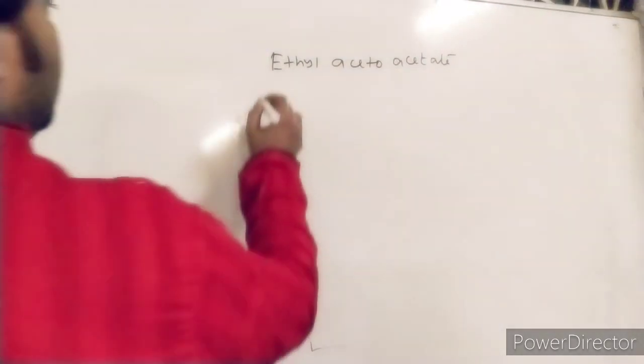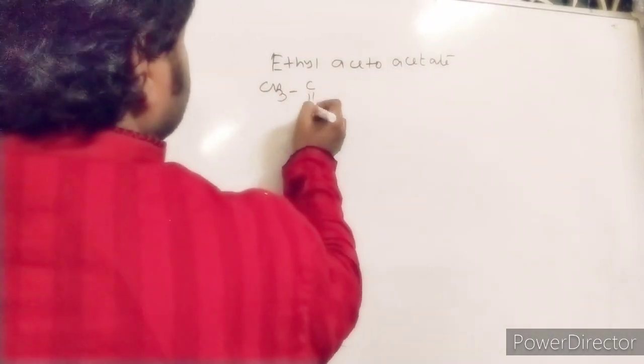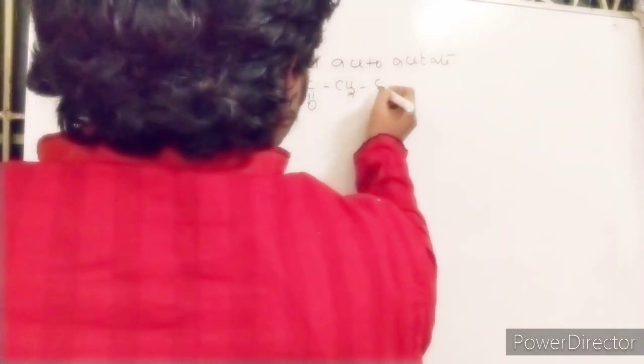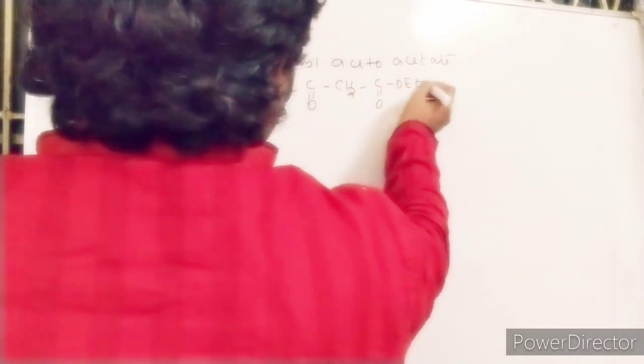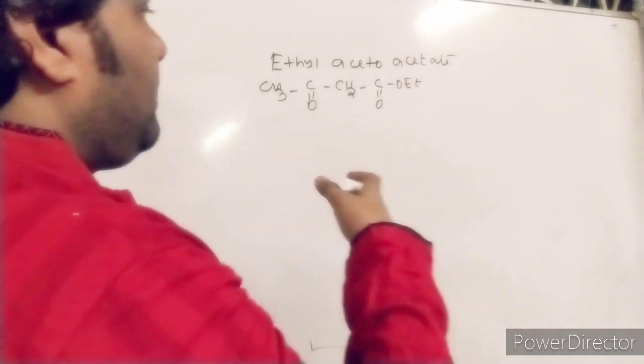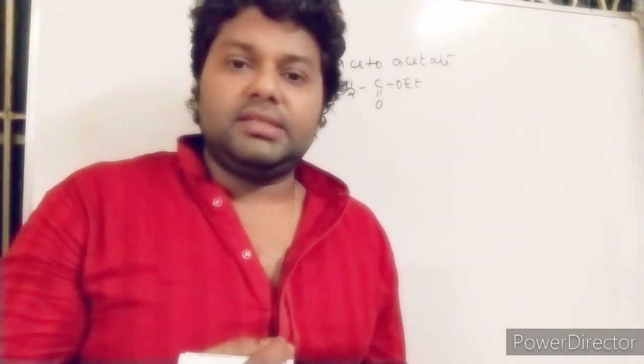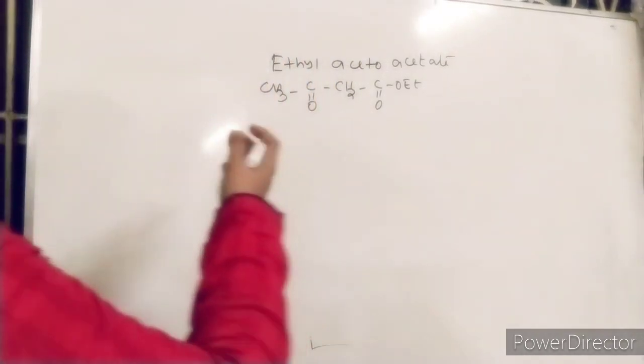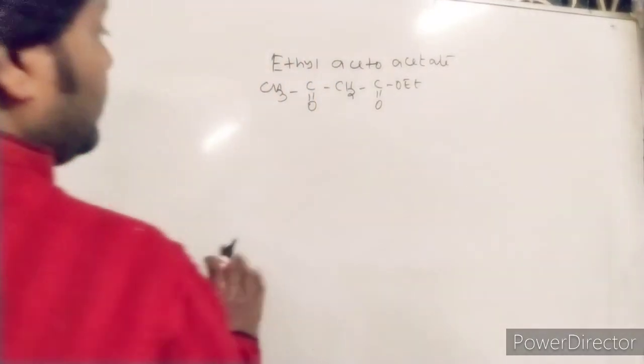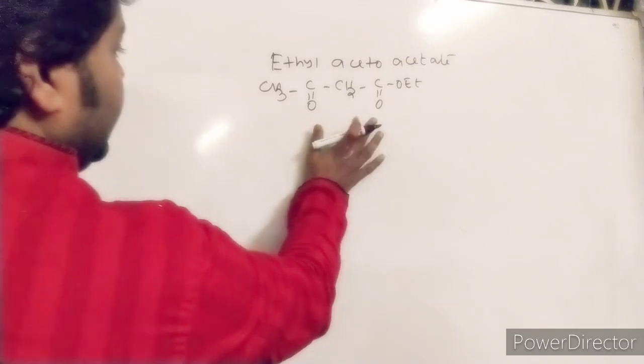Okay, so what is the formula of this? CH3COCH2COOC2H5. I think from the last example, you have even got the concept of how the mechanism of haloform reaction takes place. So this is CH3COCH2COOC2H5. It is ethyl acetoacetate.